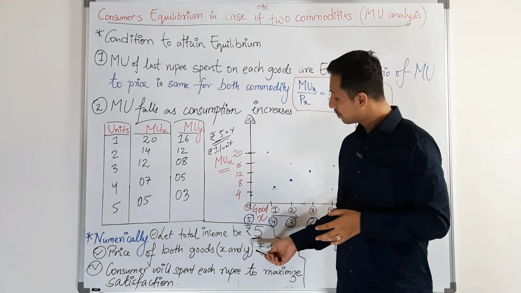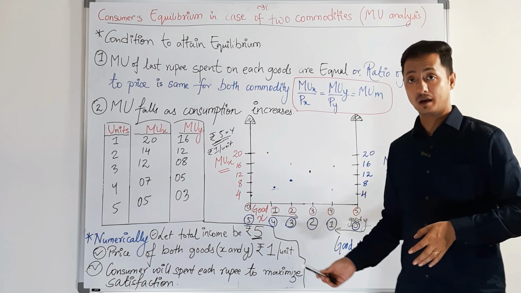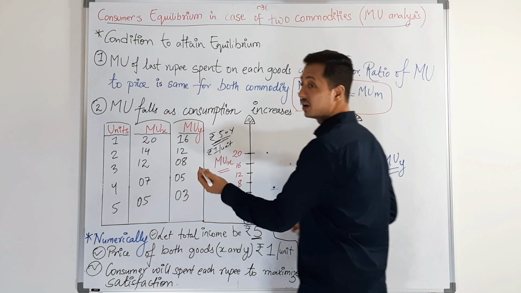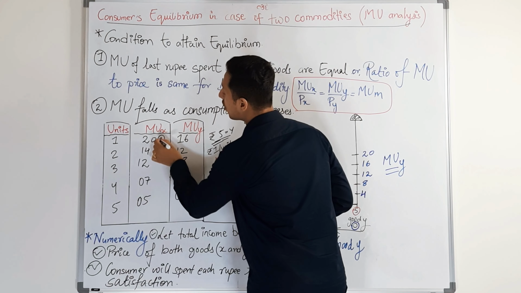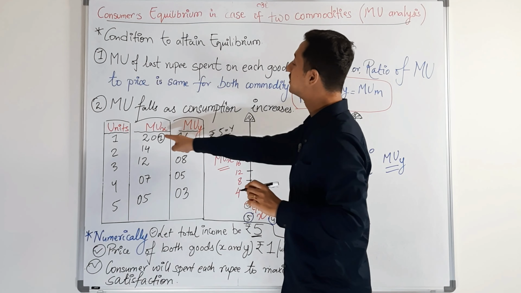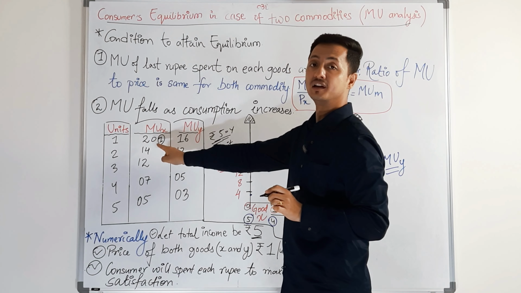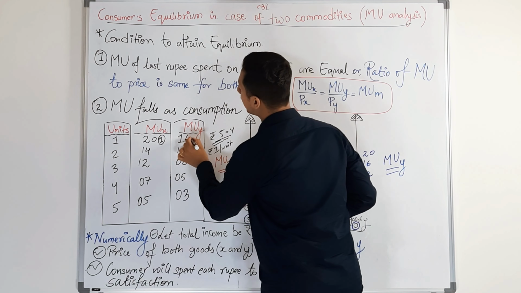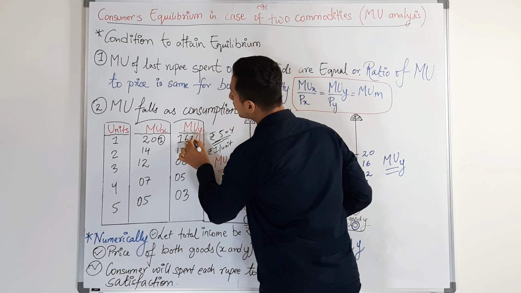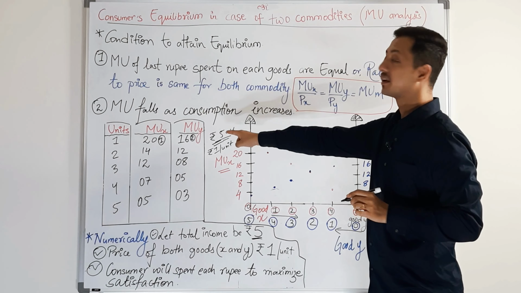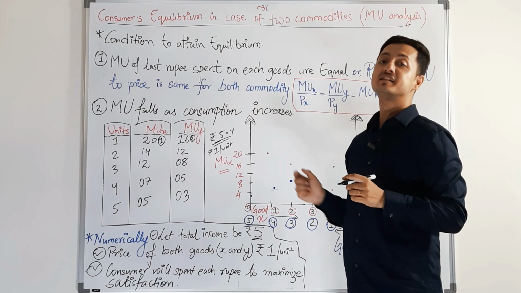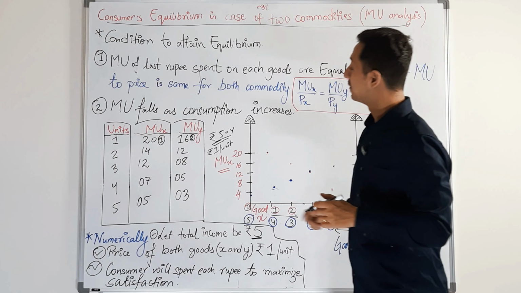Since the price of each good is rupee 1, the consumer will first spend the first rupee on good X because it is deriving 20 marginal utility. Then he is spending the next 1 rupee on good Y, as it is attaining 16 marginal utility.